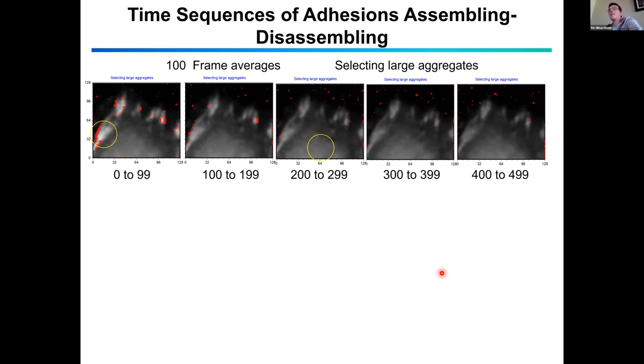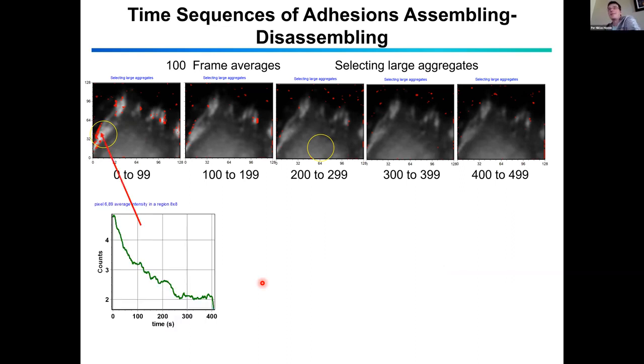500 frames were acquired of this region and chopped up into bits of 100 frames, and for each of those 100 frame averages, the number and brightness analysis was performed. And you see, for example, in the first chunk, we see those higher aggregates because the cell is disassembling this kind of adhesions.